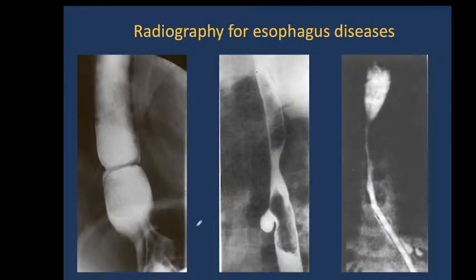And here the pathological process, Schatzki ring, this is a narrowing of the lower part of the esophagus, and you see the barium concentrated before this ring.